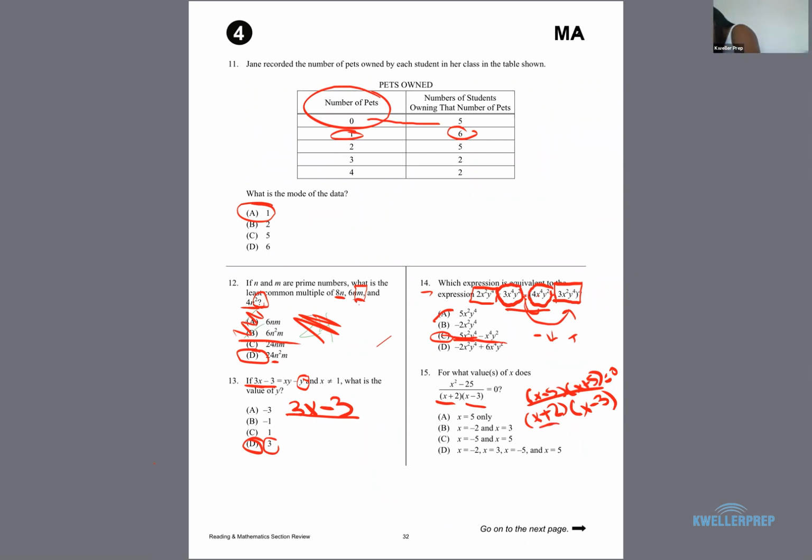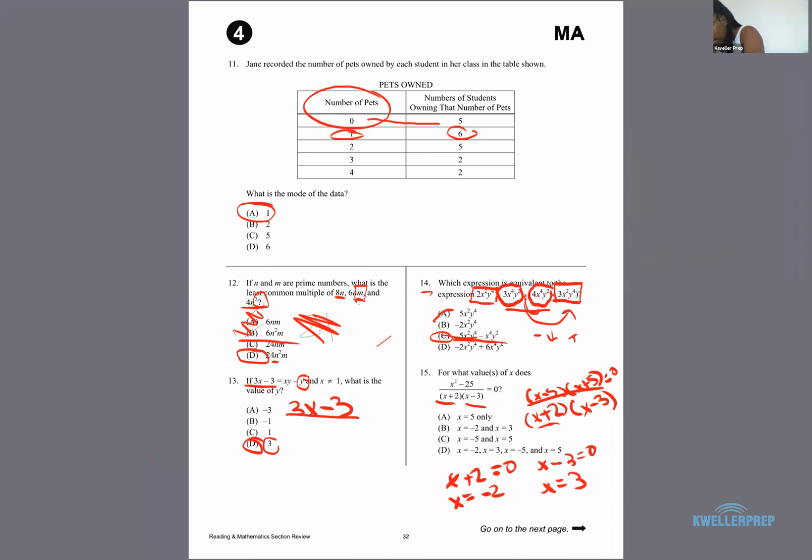So you take each part. We will start with x plus 2. X plus 2 set equal to 0 gives you x equals -2, because 0 minus 2 is -2. And then when you do it with x minus 3 equals 0, you get x equals 3.